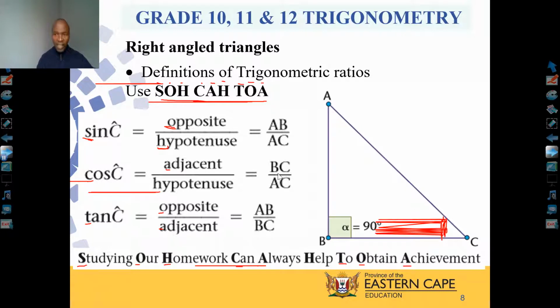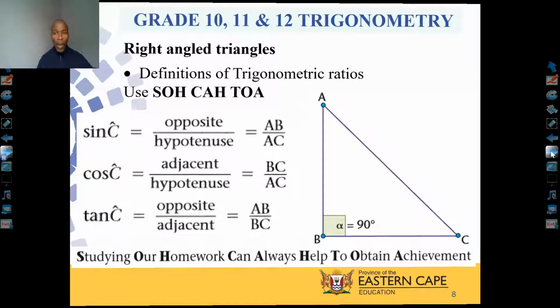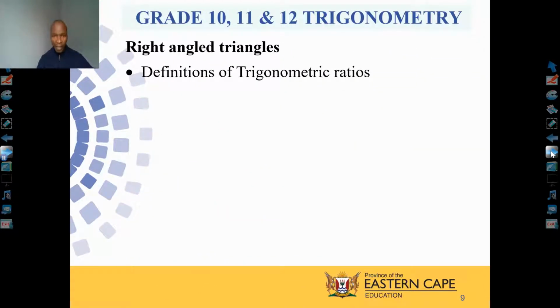So sine C is AB over AC, while cos, remember, is adjacent over hypotenuse, so cos will be BC over hypotenuse, which is AC, and tan will be equal to opposite over adjacent, which means it will be AB over BC. That's basically a way of understanding that.